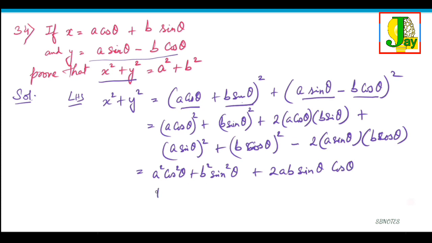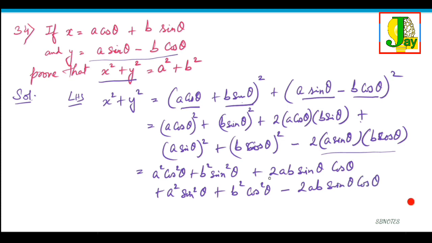And the second part we have plus a square sin square theta plus b square cos square theta minus 2ab sin theta cos theta again. So this 2ab sin theta cos theta term and the minus 2ab sin theta cos theta term get cancelled. We are left with this.